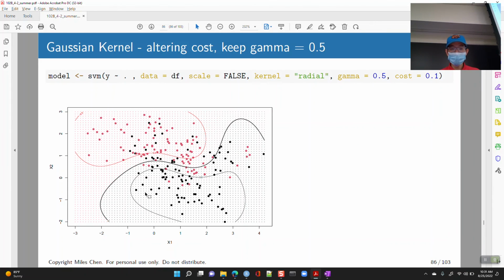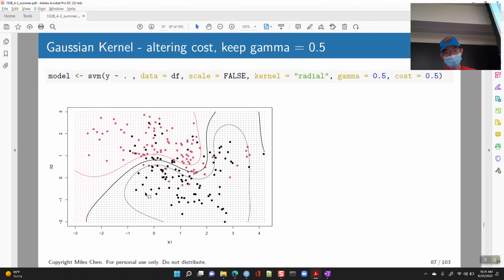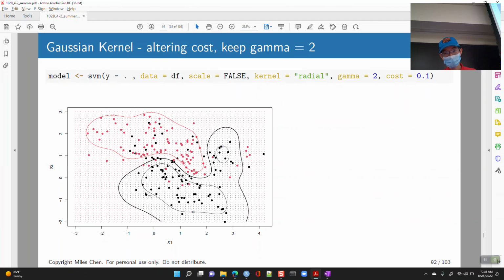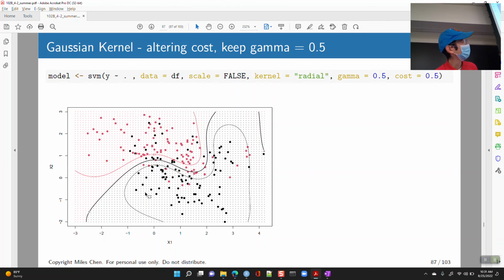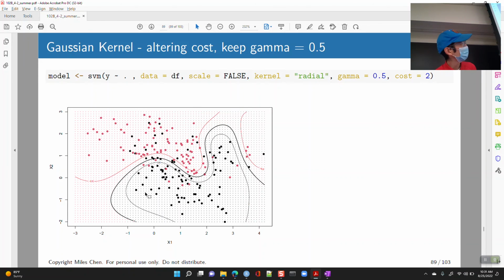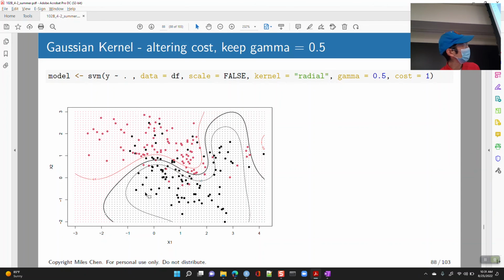Okay, what happens if I keep the gamma at 0.5 and I increase the cost? So this is cost 10, and this is cost 0.1. So what's happening here?